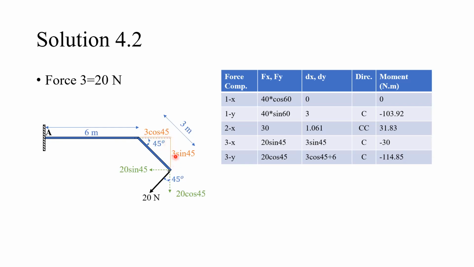The y component is equal to 3 times sine 45. We multiply these values with Fy and Fx. We will obtain minus 30 and minus 140.85. I put minus terms in here because both these components rotate in the clockwise direction.